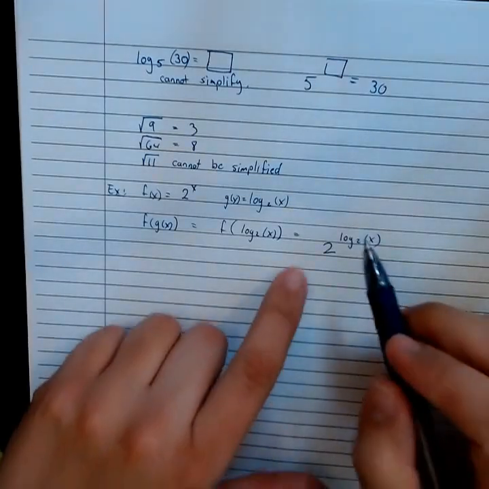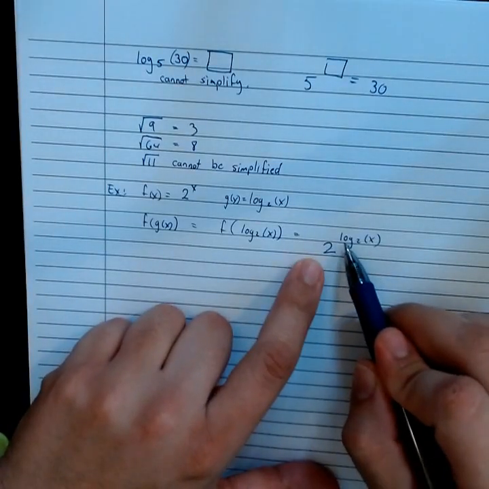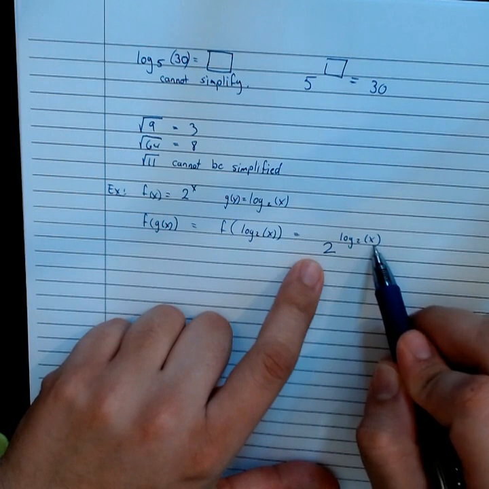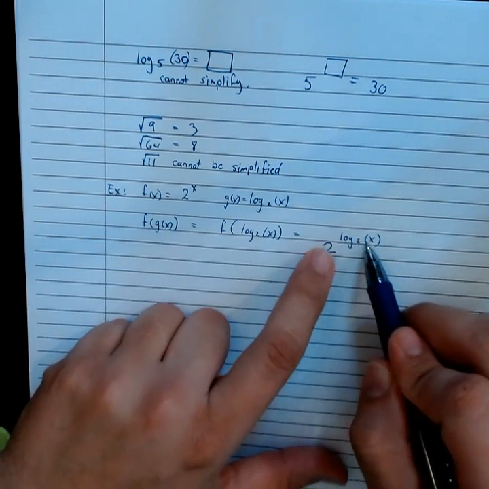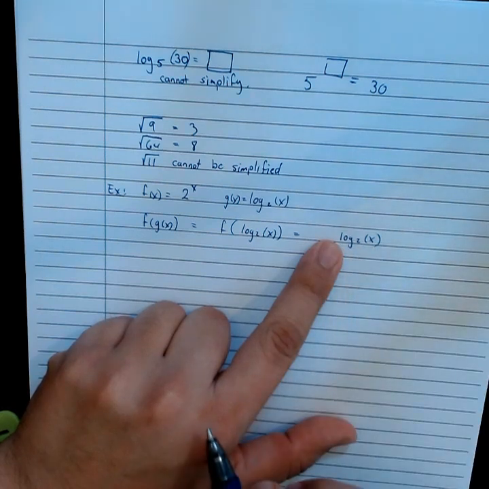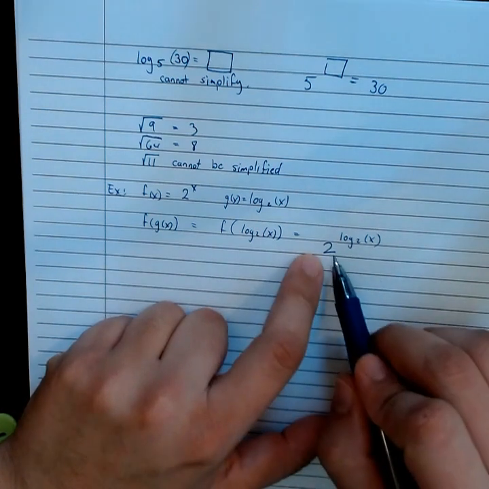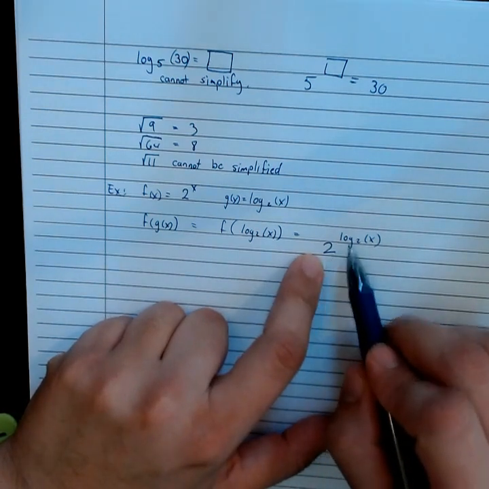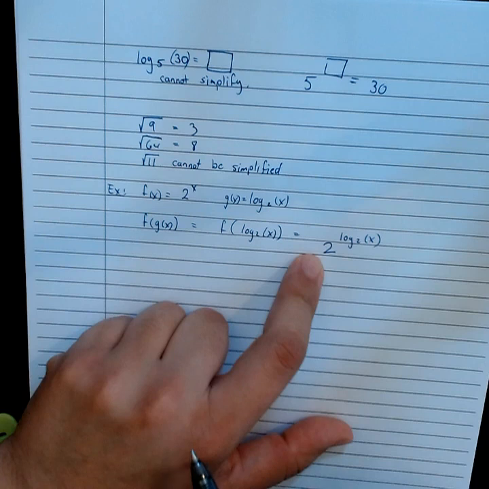But look what this says. This says I have log base 2 of x. What I want to know is what power should I put on the number 2 to get x? But now I'm taking 2 and raising it to that power. Let's say that again.